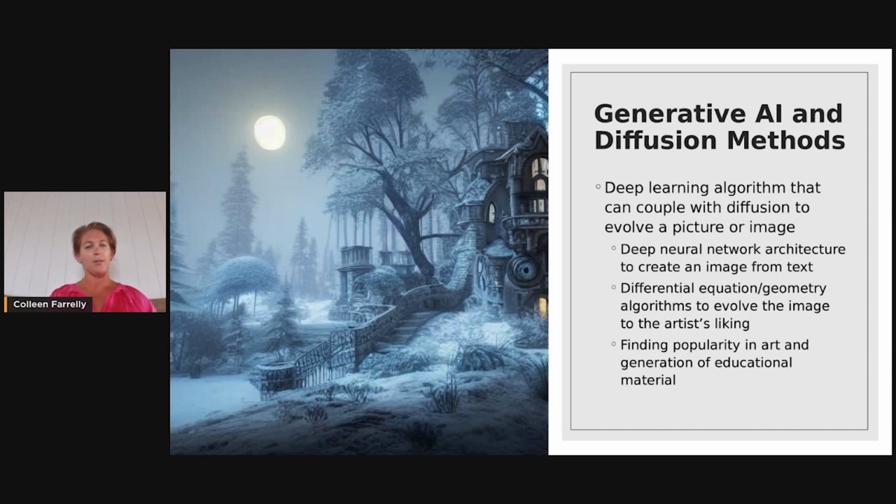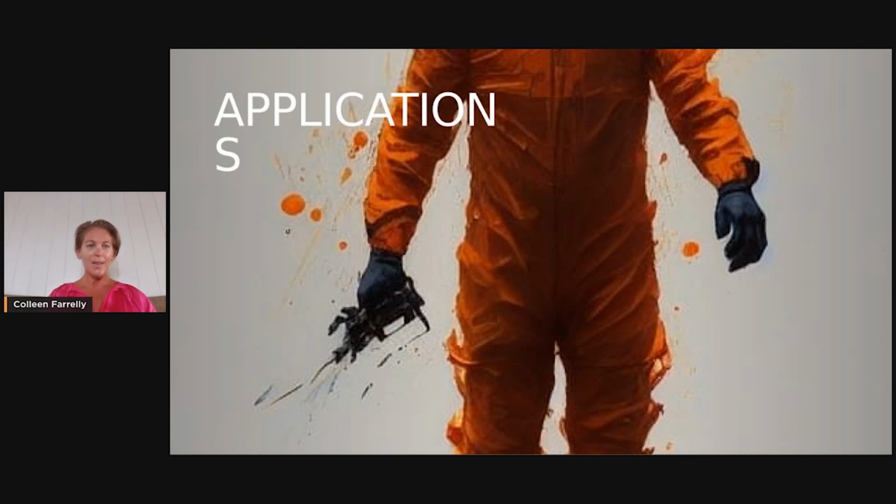And there are tools in geometry that are able to evolve and kind of massage out what you want from the image. This is an example on the left of a place that does not actually exist, but I created it with one of the open source tools out there. And this can be really useful, as we'll see. So let's get into the applications.